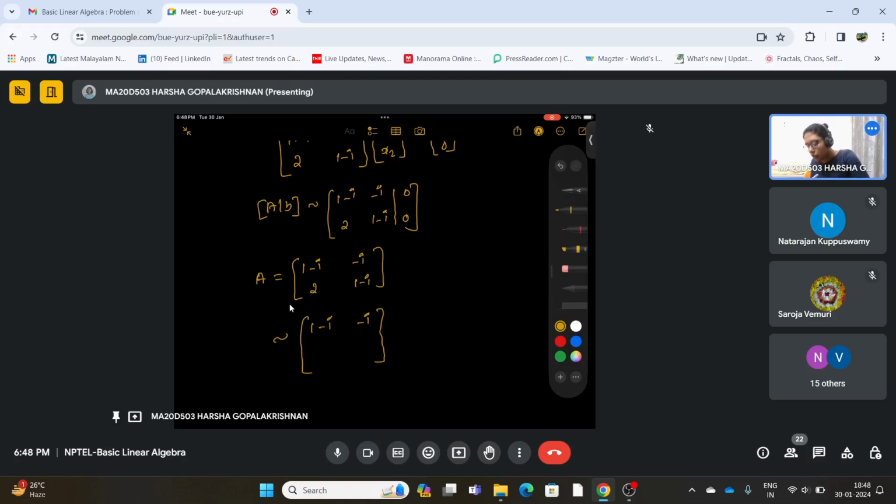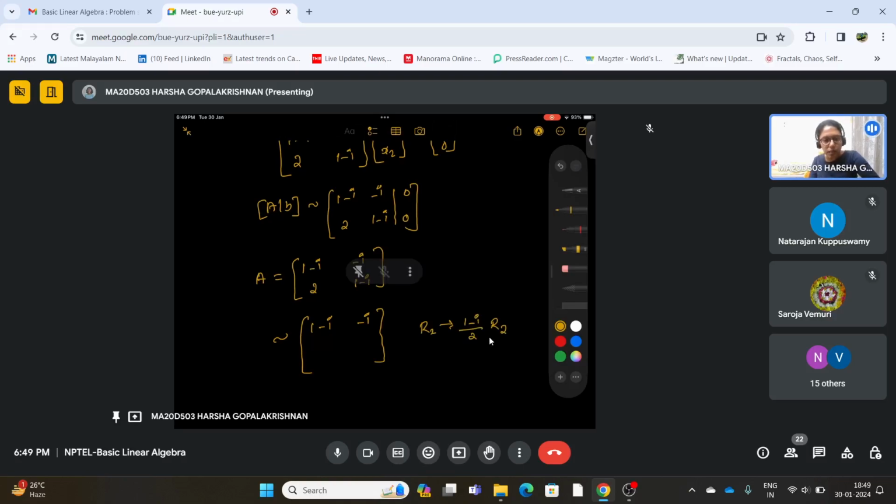What can we do for that? We can change R2 to, first, we will change the 2 to be the same as 1 minus i. Then we will subtract, and then we will get the 0. So we will do (1 minus i) by 2 times R2.